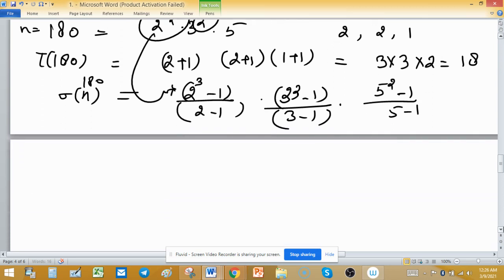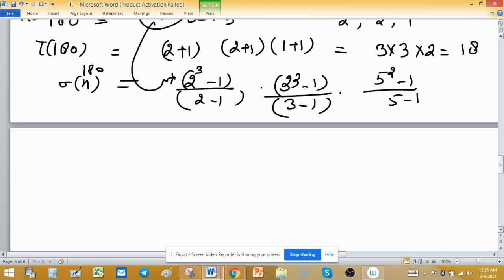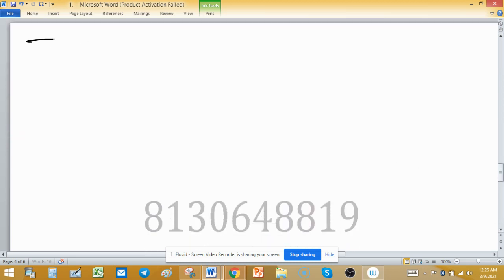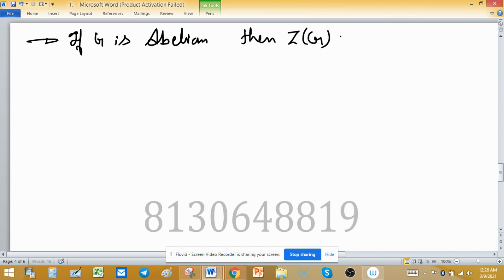If G is abelian, then the center of G, denoted by Z(G), is G itself.